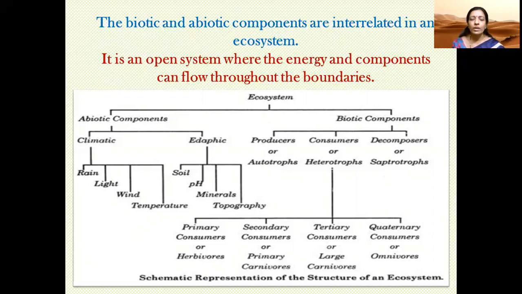Now the biotic components basically consist of producers, consumers and decomposers. Consumers in turn can be of different types. So from this flowchart, I think now it is clear that the ecosystem consists of two main components, abiotic and biotic. Abiotic is the non-living aspect and biotic is the living aspect.